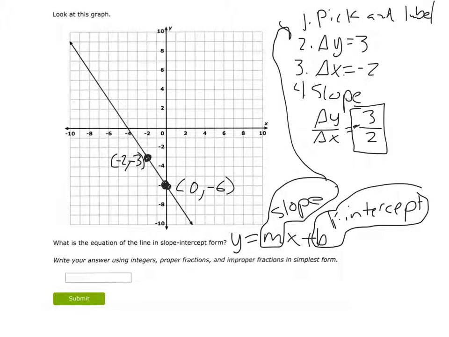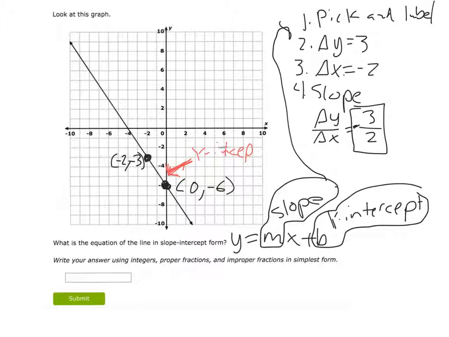Now, the only other piece of information I need is the y-intercept. What we really need is both the slope and the y-intercept, but in this case, we just need the y-intercept. The y-intercept is conveniently right there, which is that point there.